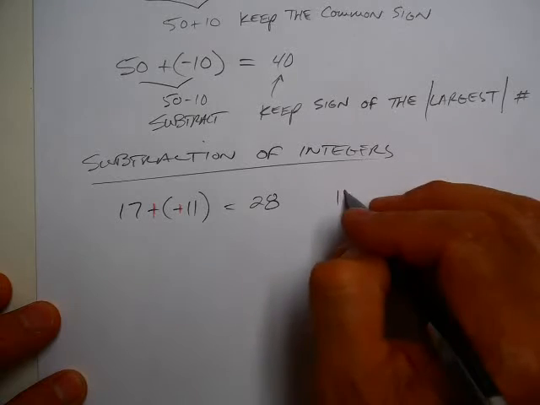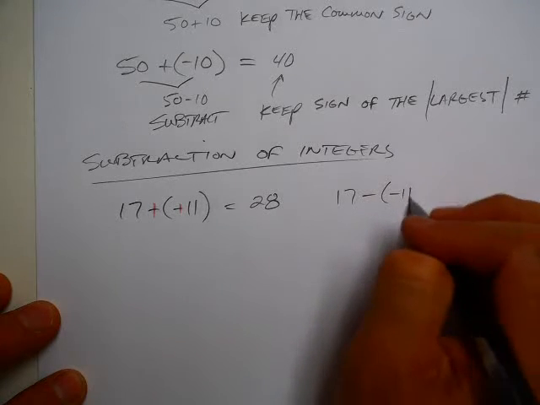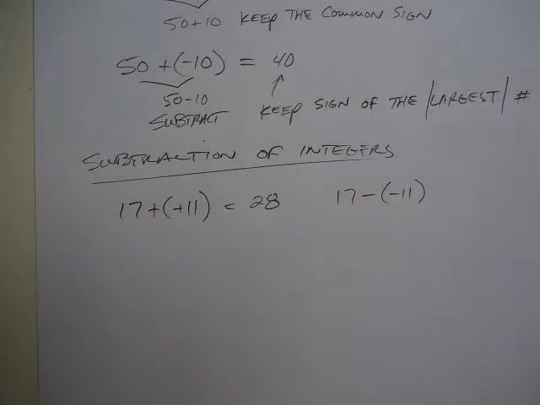If I'm saying 17 minus a negative 11, a way I've heard this referred to is we're taking away negative. That's kind of an elementary idea maybe here. We're taking away negative. So what do we have if we're taking away negatives? Yeah, it becomes positive.